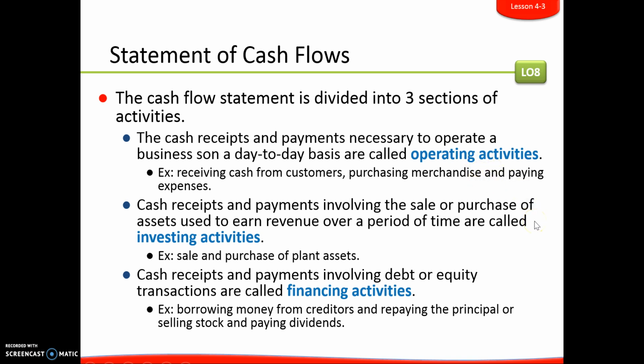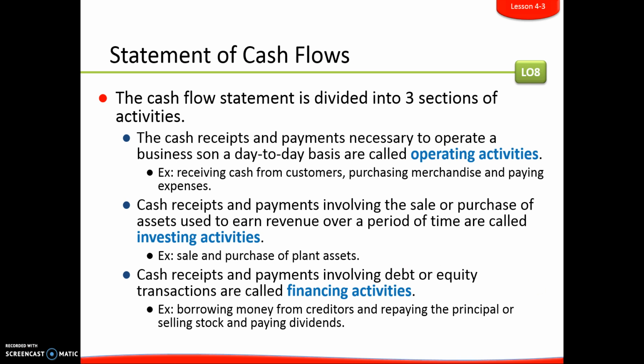The second section is the investing activities. That's where we have cash receipts and payments that involve the sale or purchase of an asset that's used to earn revenue. So anytime we're looking at long-term assets here, plant assets, so typically equipment and buildings and land. So like I said, the sale and purchase of plant assets would be an example. And then our third section is the cash receipts and payments that involve either debt or equity transactions.